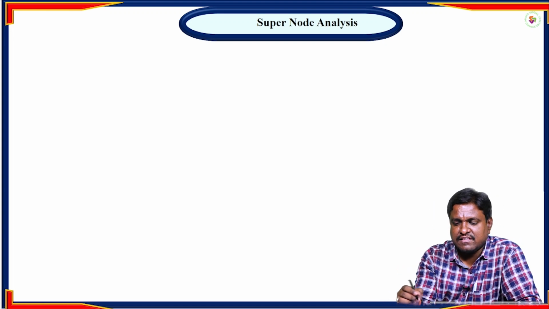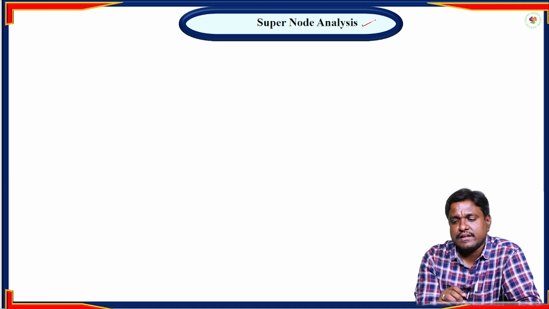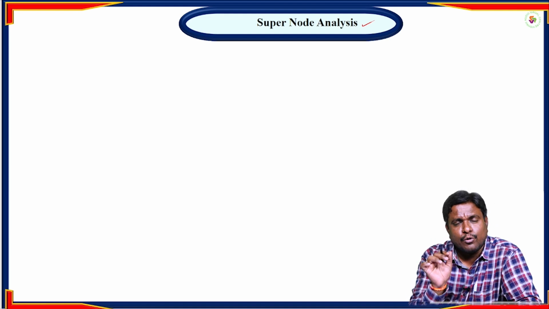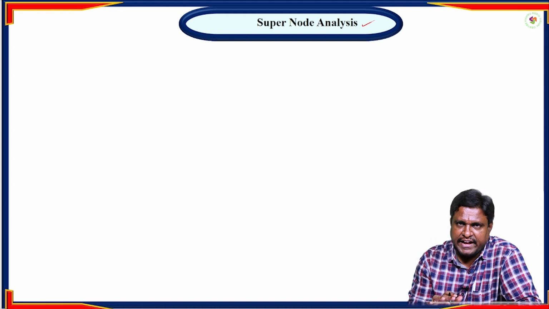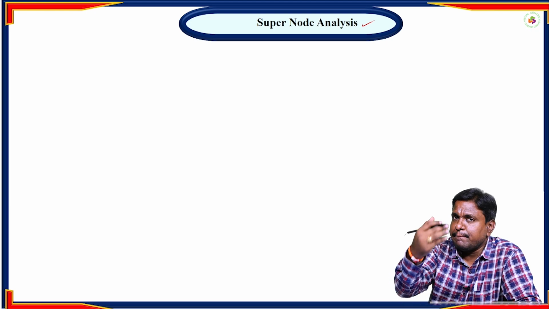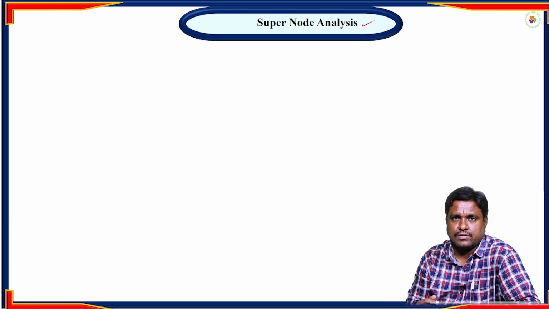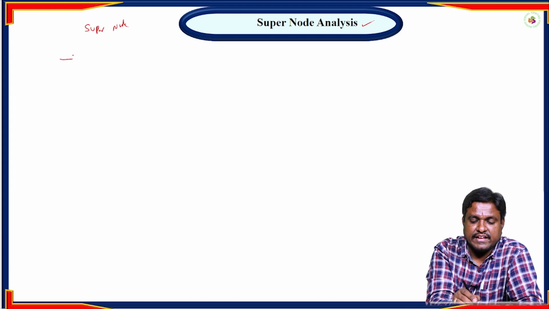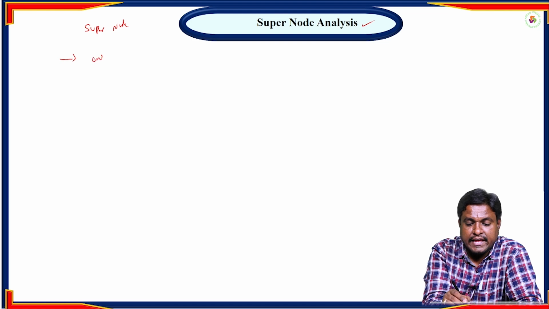Coming to supernode analysis, a supernode is nothing but this: if there is only a voltage source between any two of the main nodes, or between a main node and the reference node, then the particular nodes are said to be under supernode condition.